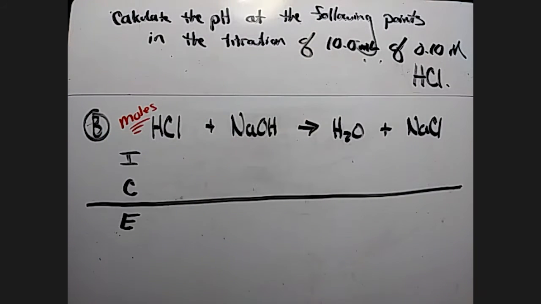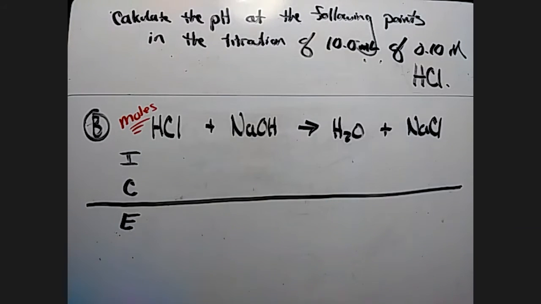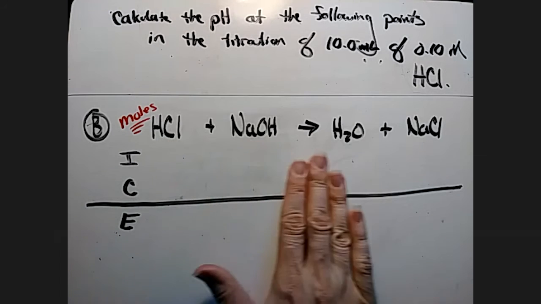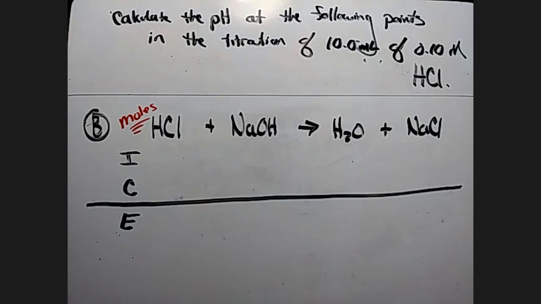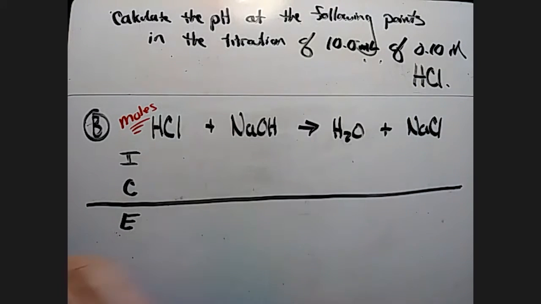Do not use molarity. Molarity is used with double-headed arrow equilibrium. It's a whole different style of problem, but we can still use ICE with a chemical reaction. Let's convert our materials to moles.